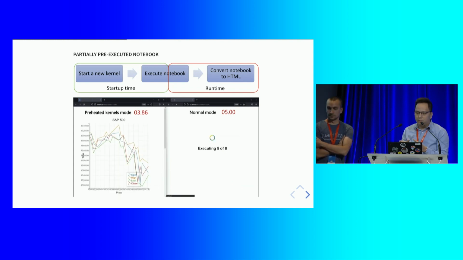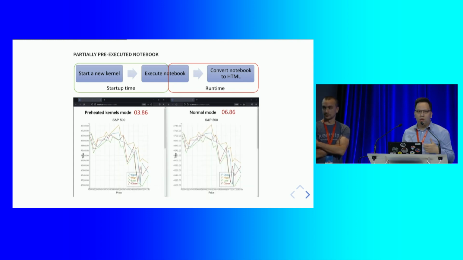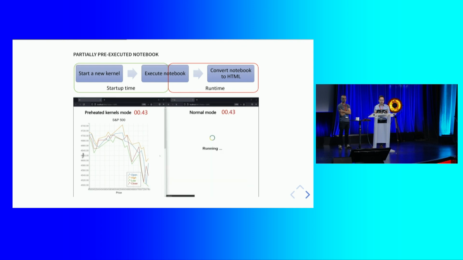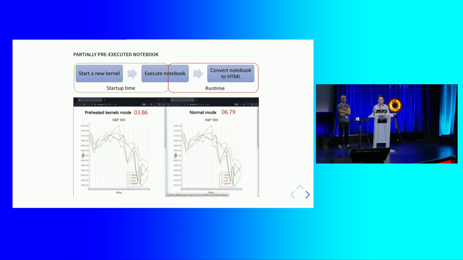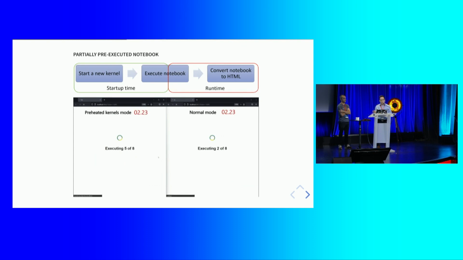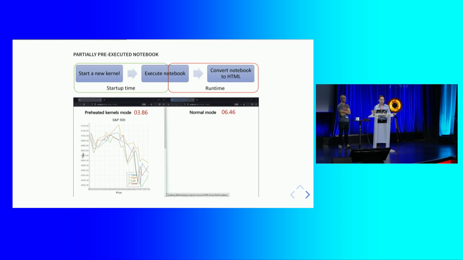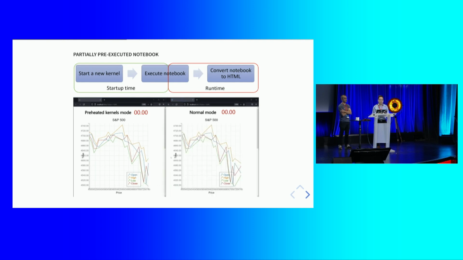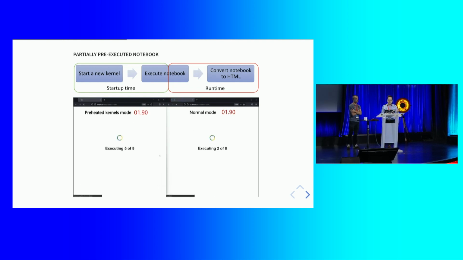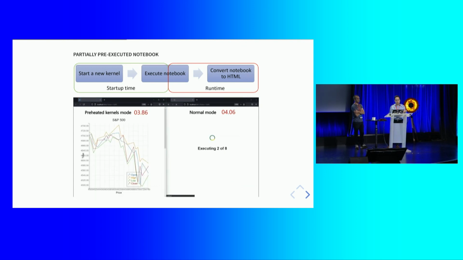For example, here I have a dashboard which will get the stock name from the query string of the endpoint. And then it will fetch the data from the internet and display the price of the stock in the widget. In normal mode, it takes nearly 7 seconds to finish everything. And when we activate the partially pre-executed notebook, it takes only nearly 4 seconds.